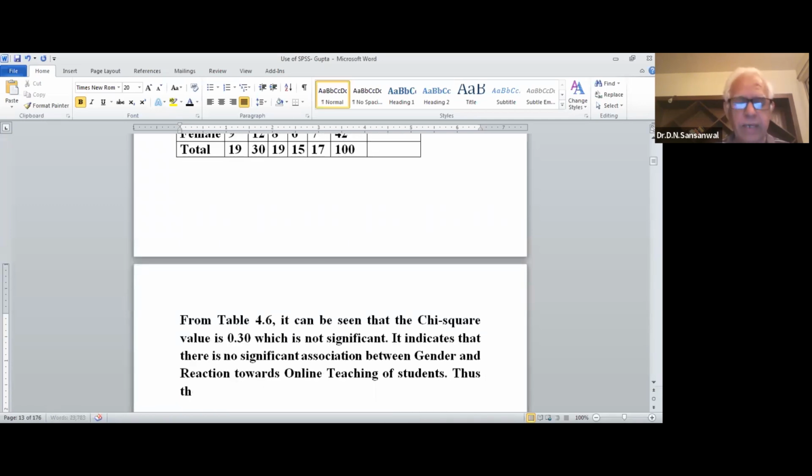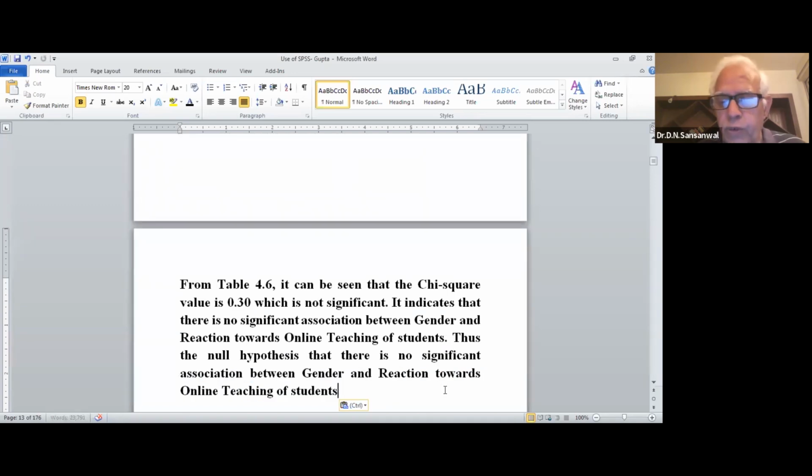Thus, the null hypothesis that there is no significant association between gender and reaction towards online program is not rejected.